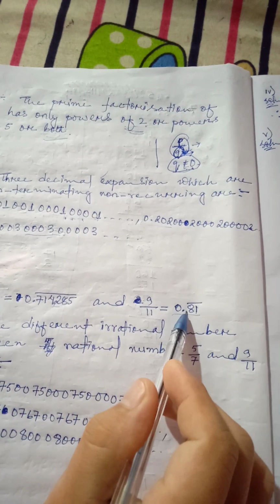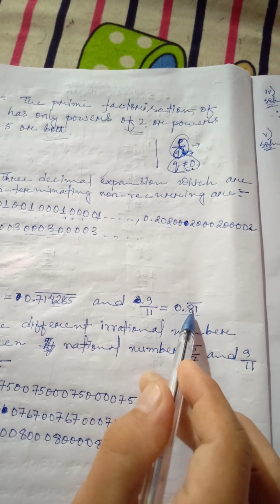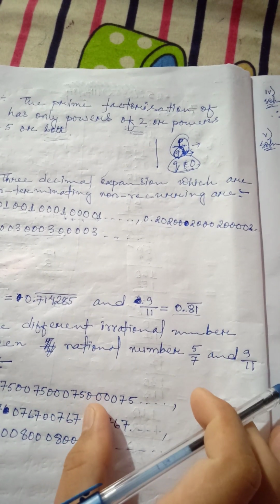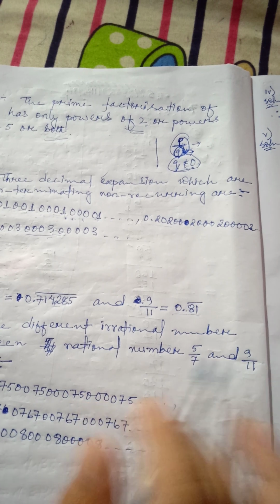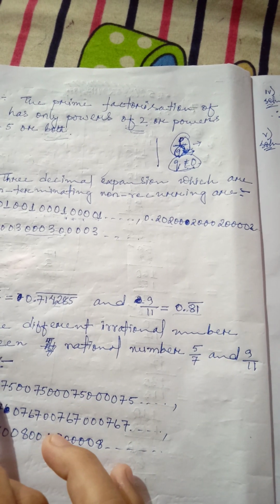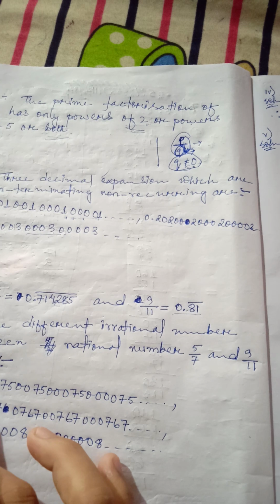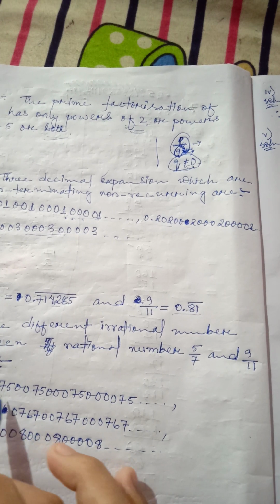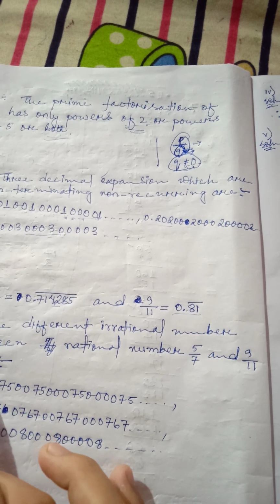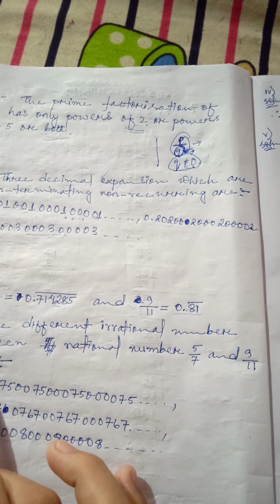So in between these decimal expansions, I have to find irrational numbers. As we did in the previous class, that is a number that is non-terminating and non-recurring.